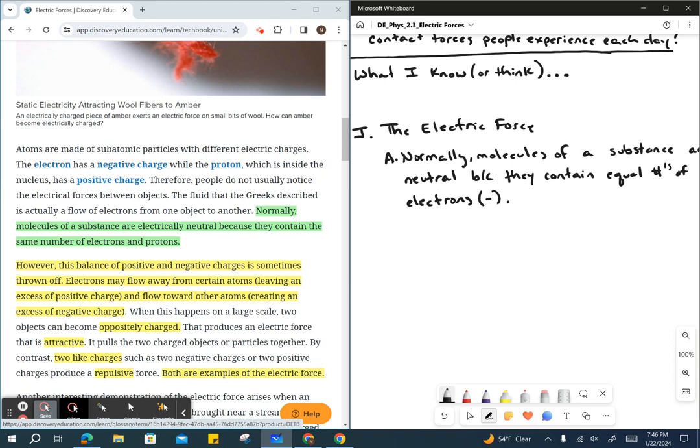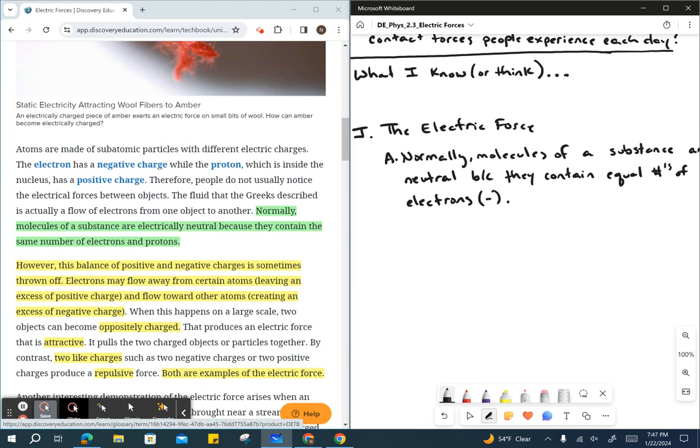Okay. Now, however, notice in the next paragraph we have this in yellow. However, this balance of positive and negative charges is sometimes thrown off. Electrons may flow away from certain atoms, leaving an excess of positive charge behind, and flow towards other atoms, creating an excess of negative charge.